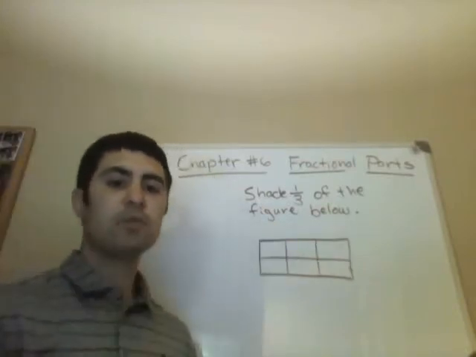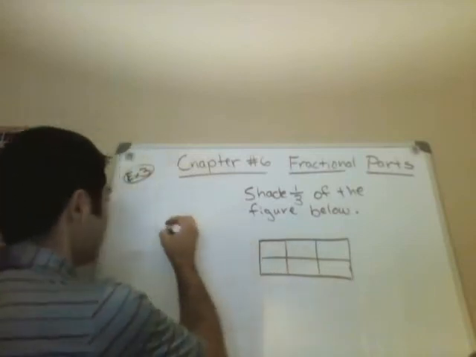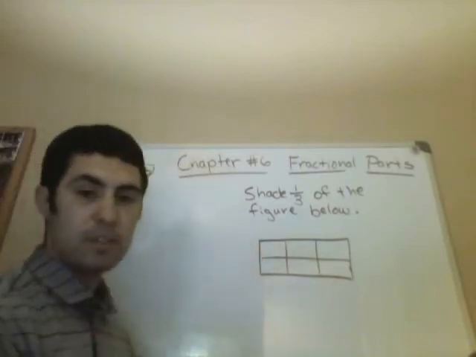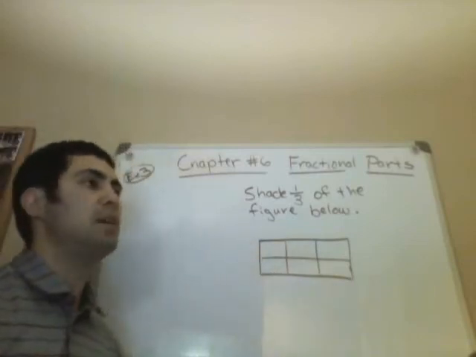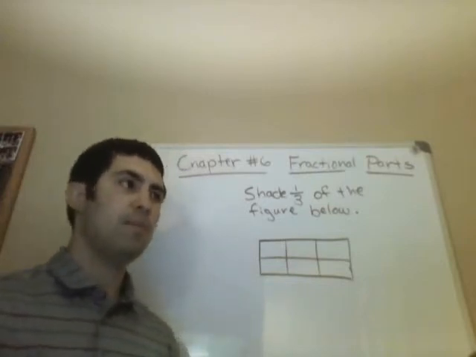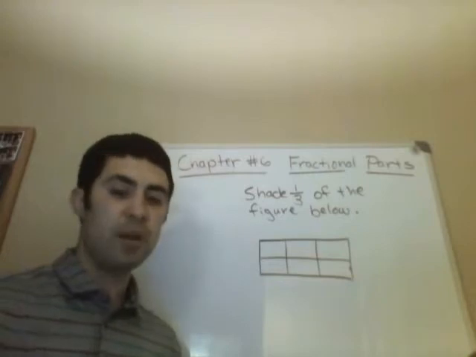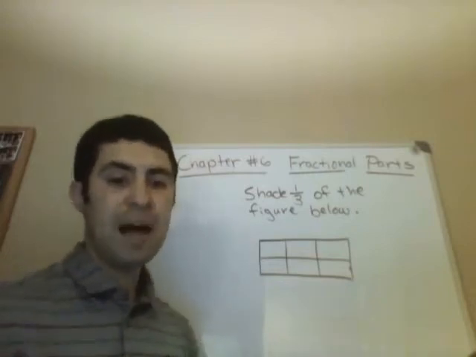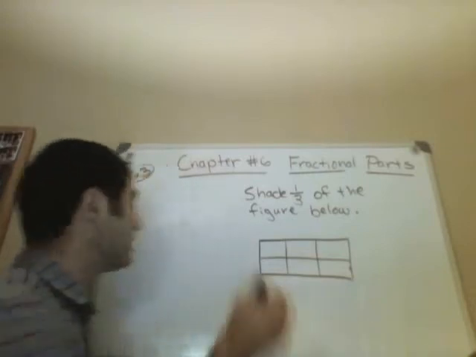Alright, so basically what we're doing is we're going to take whatever number represents a whole object. That could be the whole class, how many people are in the class, your whole gallon of milk, your whole pie, whatever you want to talk about, your whole pizza.